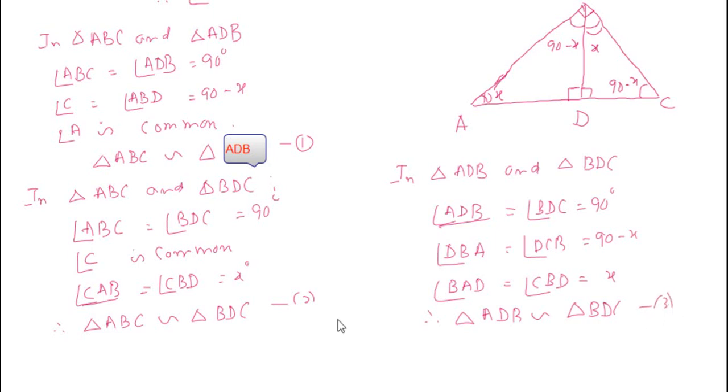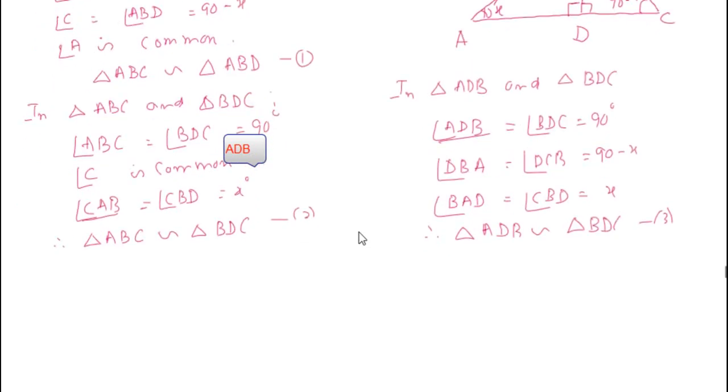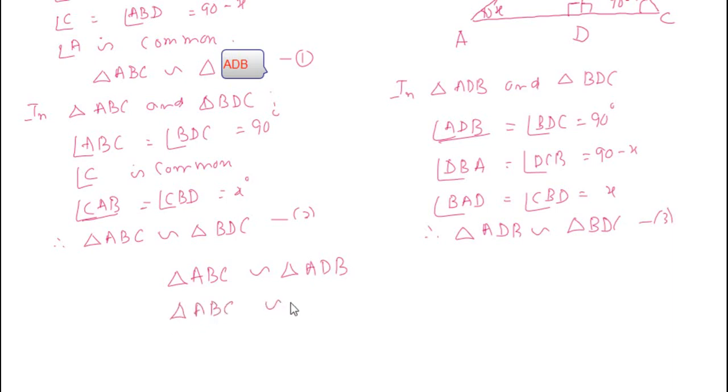So now we have out of these three triangles, triangle ABC similar to triangle ADB and triangle ABC is also similar to triangle BDC.